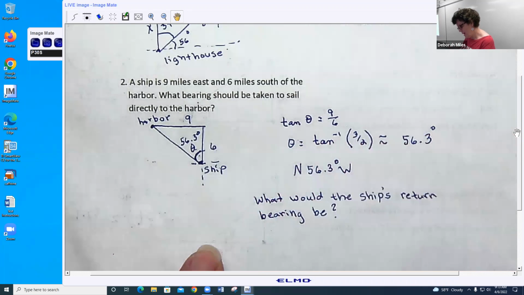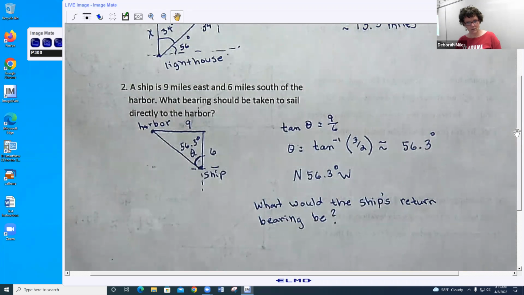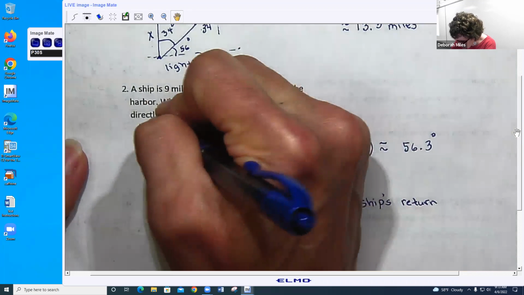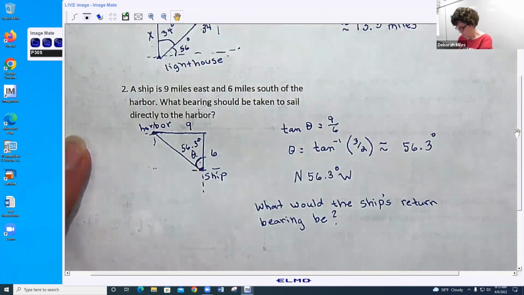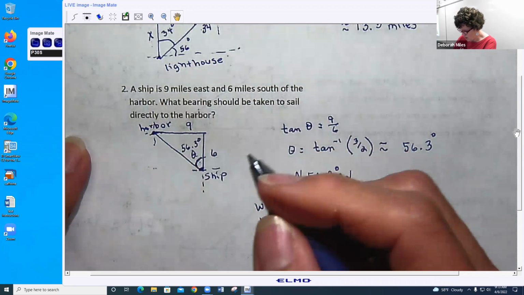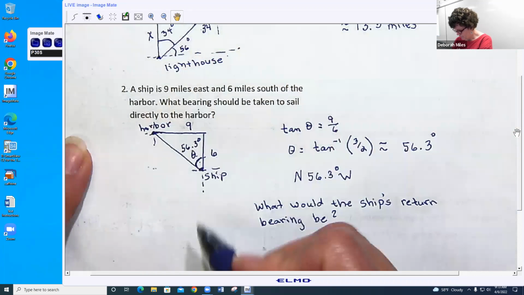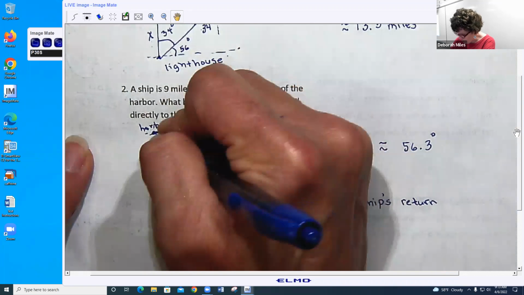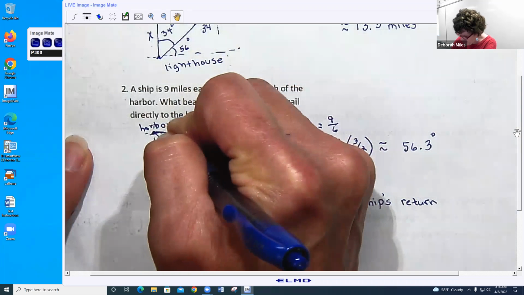Sailing back home at the end of the day, that means we're starting at the harbor and we want to know what this angle would have to be from the harbor. The bearing would be that angle.